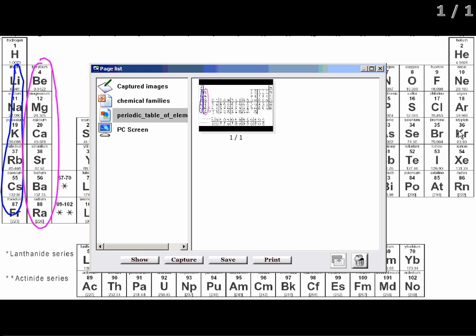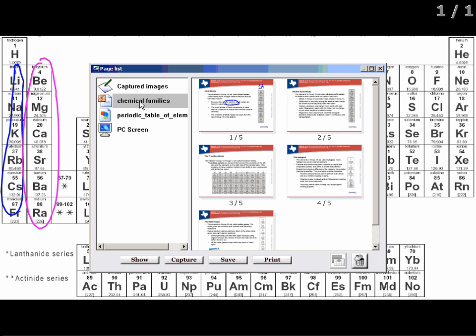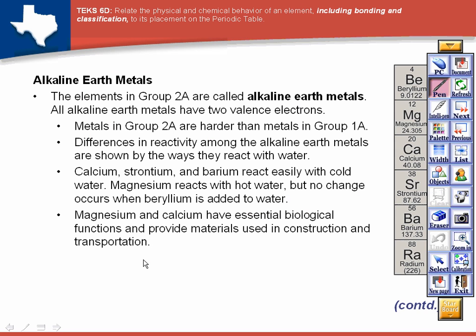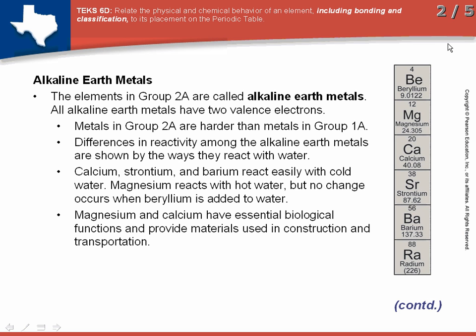Their name is the alkaline earth metals. So alkaline earth metals in group 2A. Remember, these things are put in groups because they have similar chemical properties. Every column, the elements have similar chemical properties. So they are not as reactive as the alkali metals, but they're still pretty reactive.